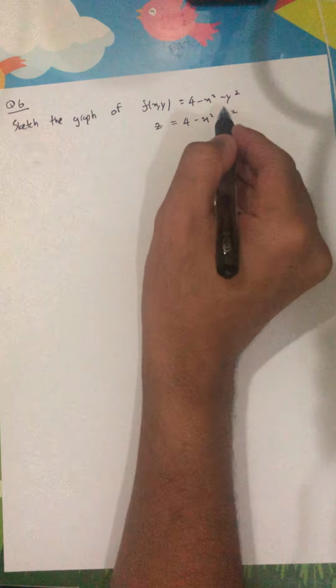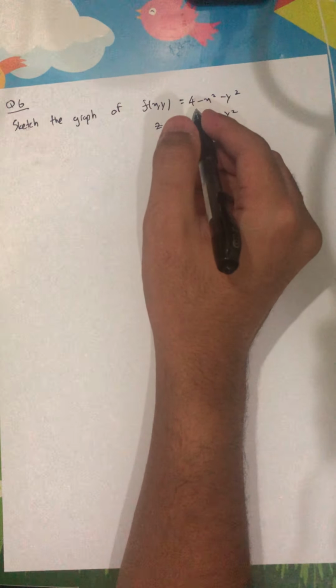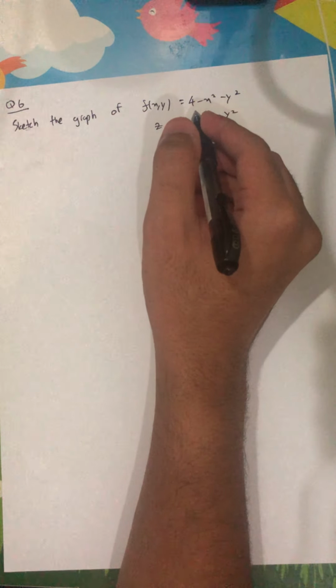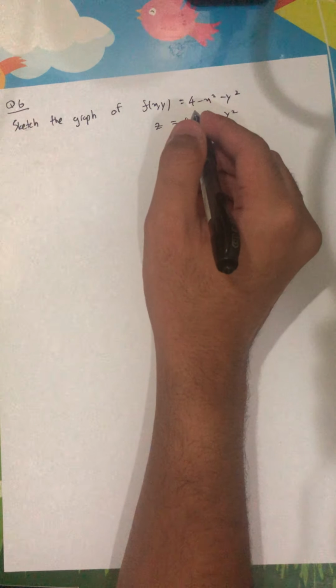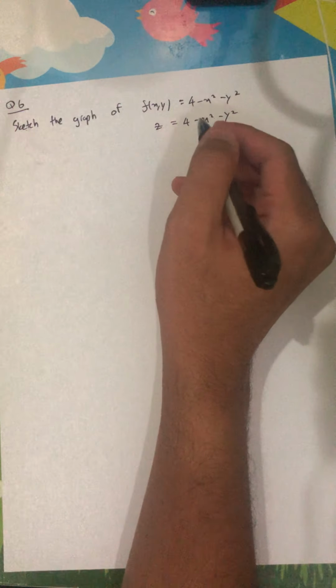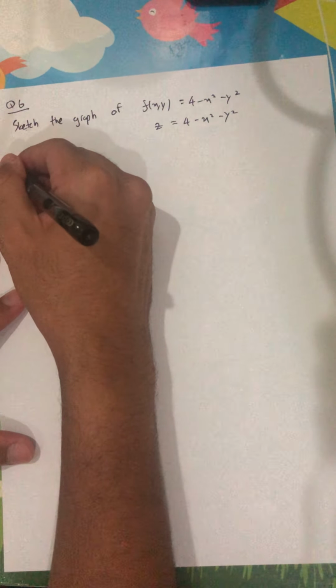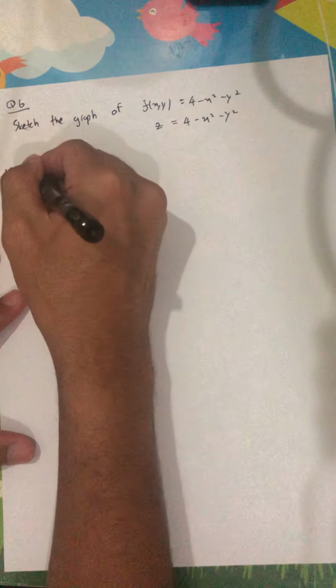I will let each of these unknowns be 0 and find the points manually, or just look at the shape of the function if you know the function. So let's start first with z equal to 0.